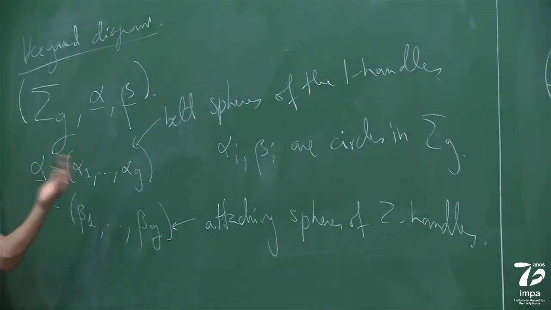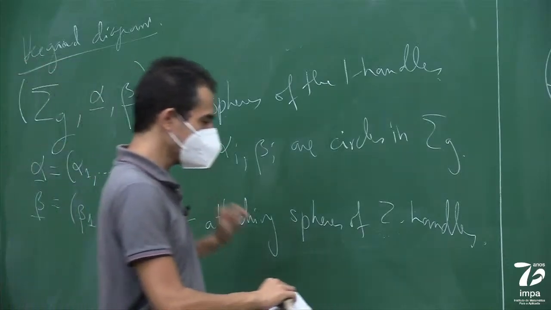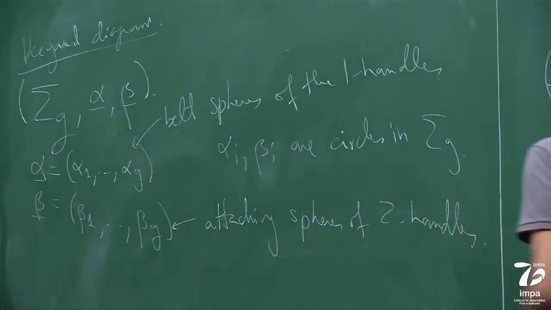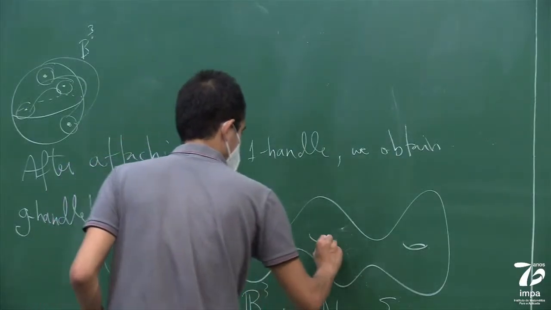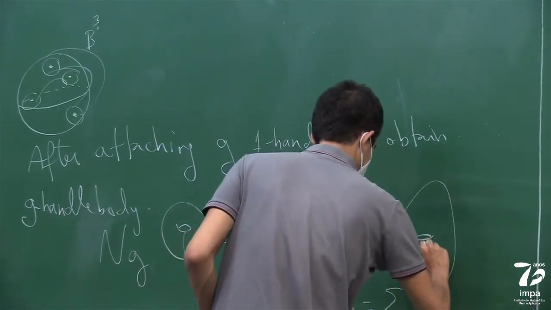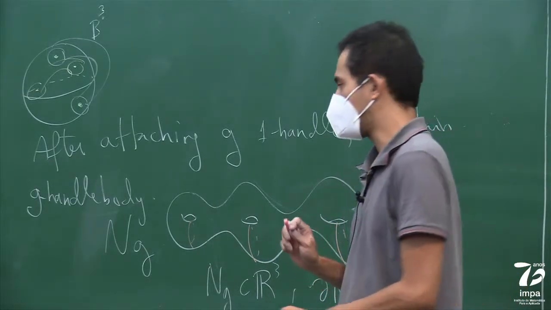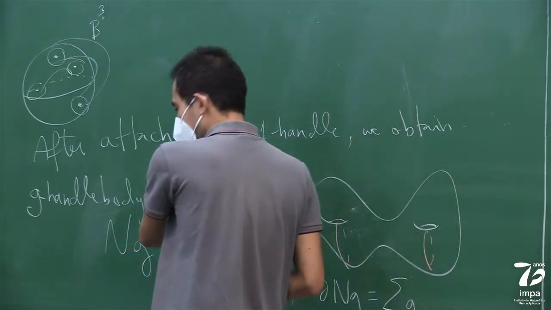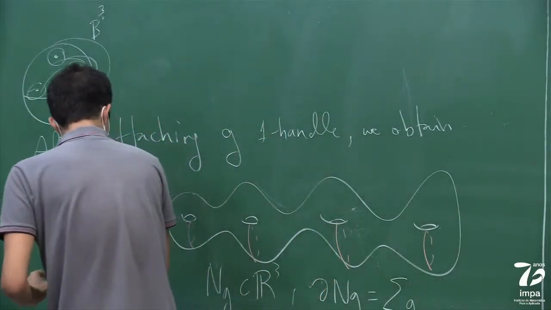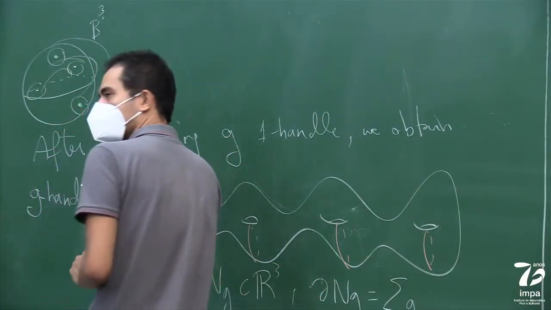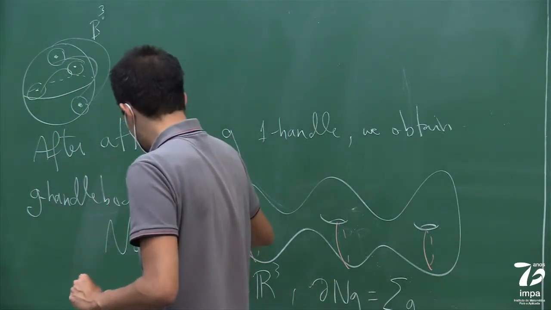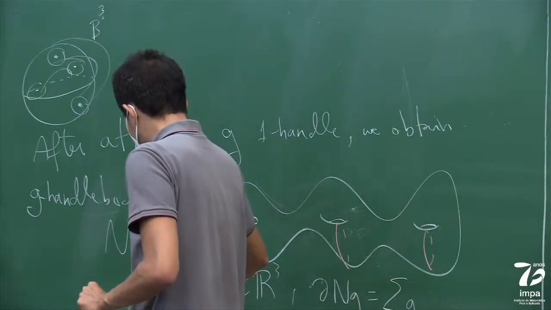So now, according to the description that I gave before, these belt spheres are just these guys here. You can think of it as you start with your zero handle here, and then you attach a handle like this. So this is the belt sphere.